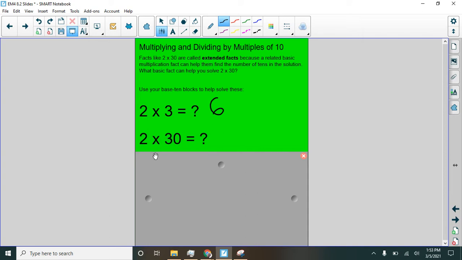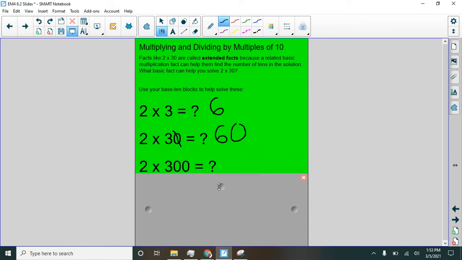But the one little shortcut here, if you take this 0 and cross it off, bye-bye, it's gone. You're left with the basic fact, right? 2 times 3, and so you do that 2 times 3, and then however many zeros you crossed off, that's how much you can add back. So I need to put 1 0 back because I crossed off 1.